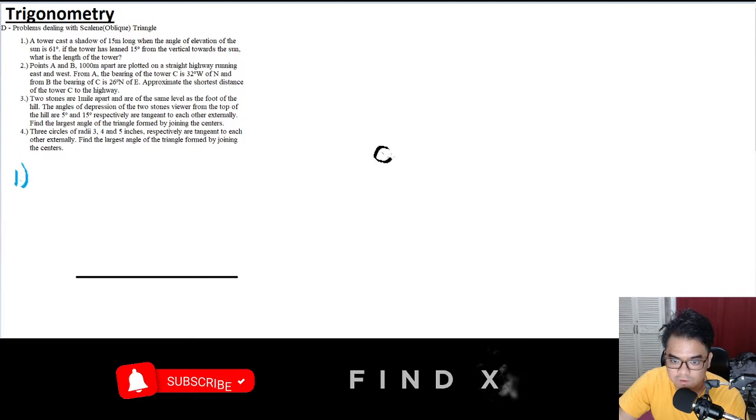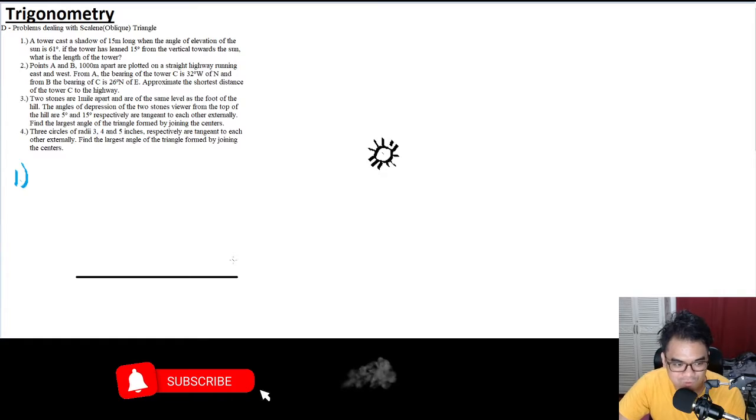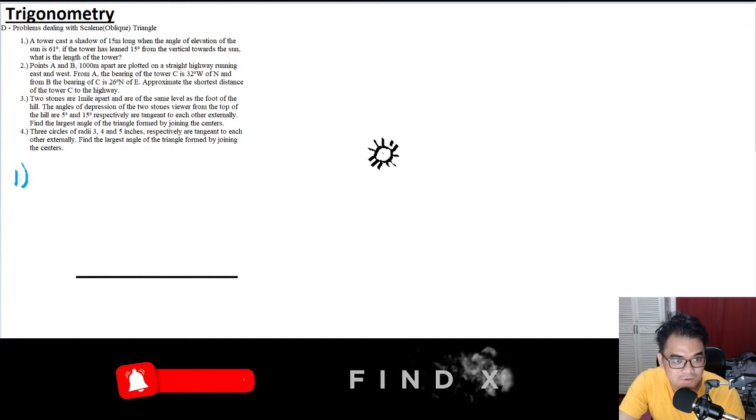Let's say this is the sun. I'm sorry, I'm not really good at drawing, but I hope you still get the idea. That's the real important thing, that you get the idea.